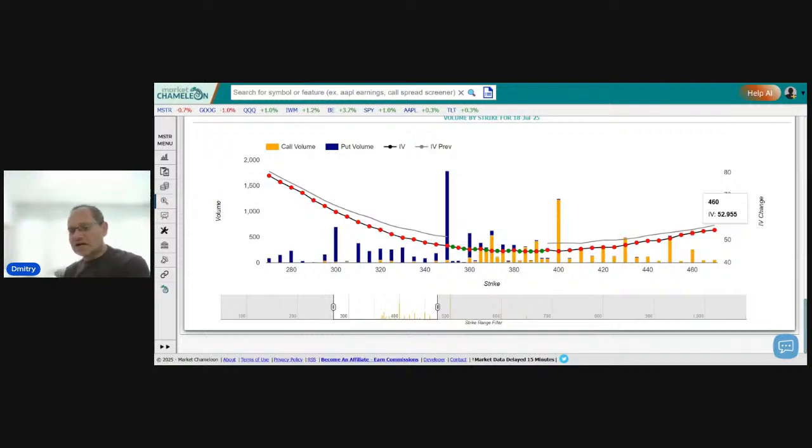When you see a red dot, it means the implied volatility is lower from the previous day. If it's a green dot, it's higher. We can see here that there's definitely shifting in the implied volatility curve. Overall, it looks like it shifted lower, especially when we go out to the wings.